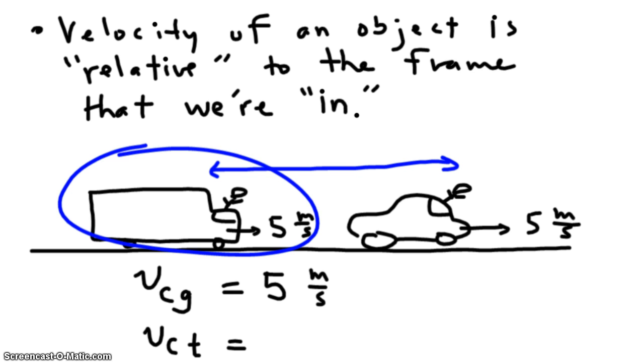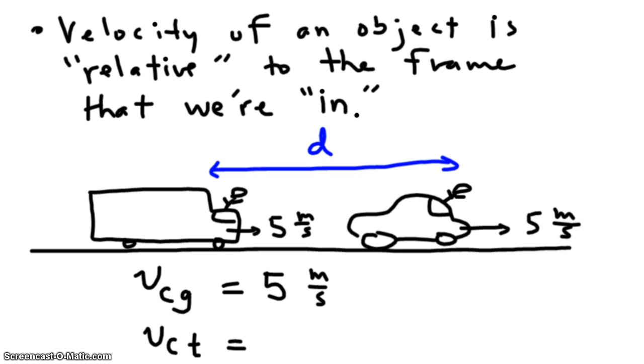So from the truck's frame, from the truck's perspective, the car doesn't seem to be moving at all. It's not going away, it's not getting closer. It's a fixed distance from the truck. And when something isn't moving away or moving closer, its velocity is 0.